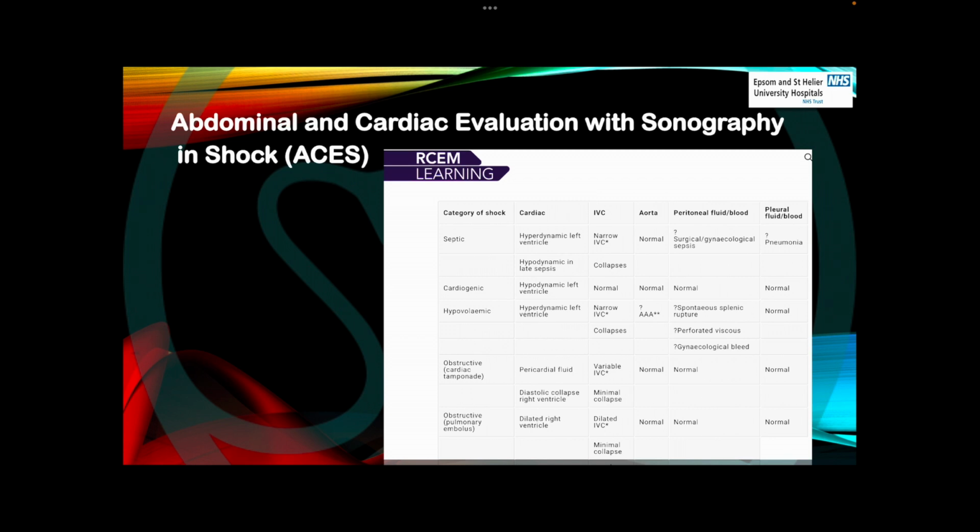So these are the findings in shock that we can diagnose by using the ACES, or the abdominal and cardiac evaluation with sonography in shock.